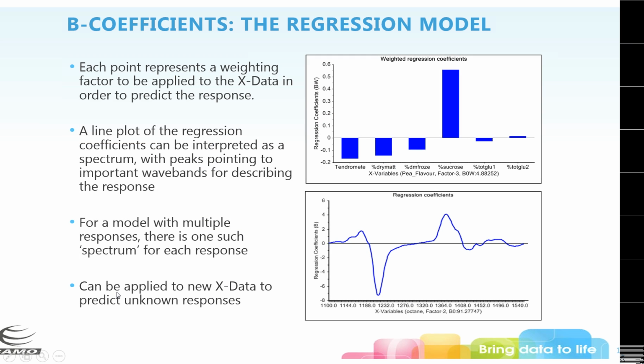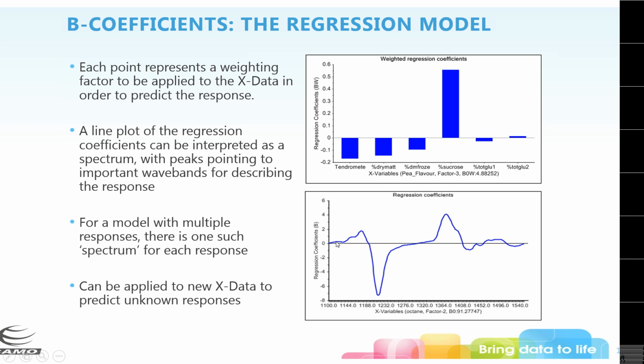So another thing you want to look at is your B coefficients in your regression model. So now this is basically the equation that you are going to multiply your original spectra by so that you can get your new output. And so each point is a weighting factor applied to your X data in order to predict your response. If you're looking at process data or sensory data, you like to look at these in bar plots like this so you can see the individual samples.